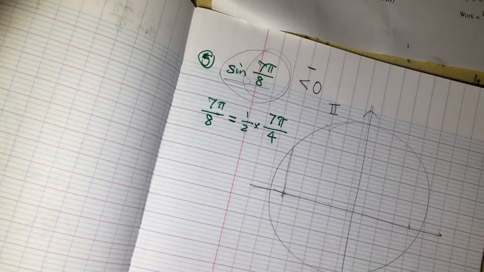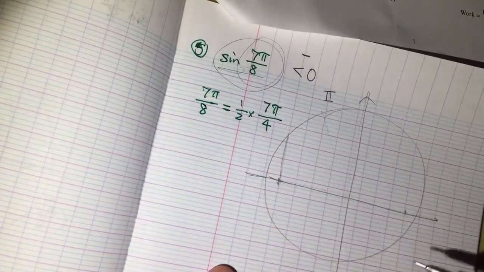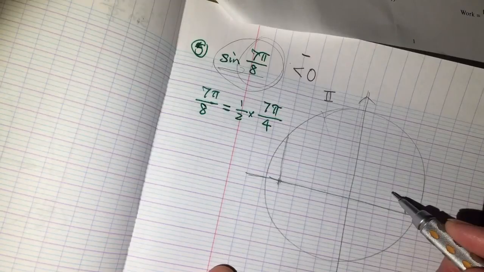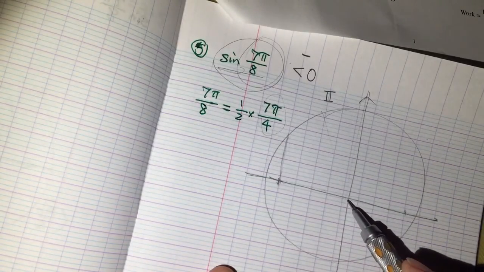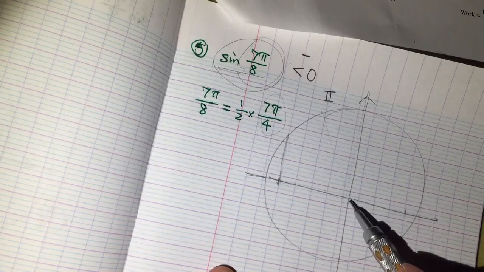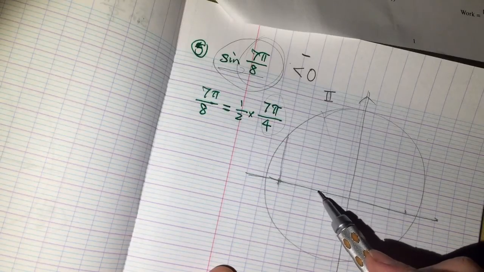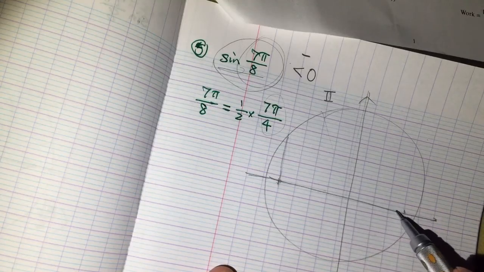So let's look for 7 pi over 4. And this one is bigger than 1.5 pi and smaller than 2 pi.